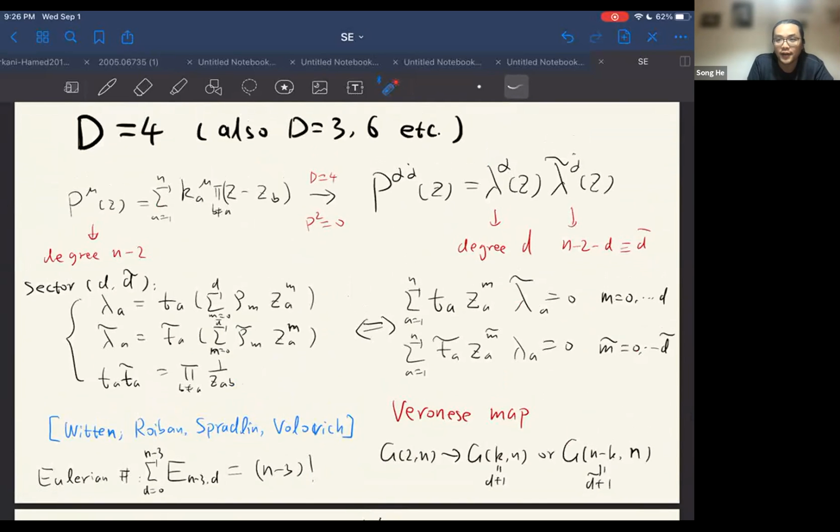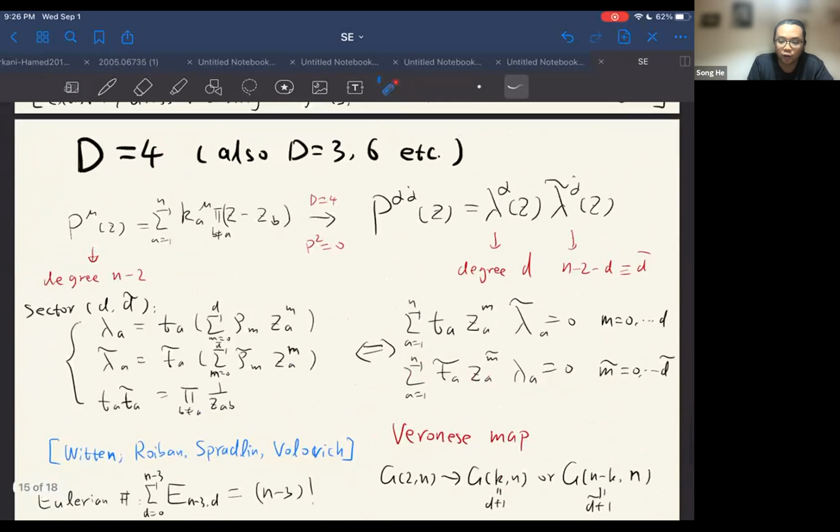Okay, so these are the 3 comments I wanted to make about general dimension, but we can also go back to special dimension, where things are even more interesting. If you go back to 4 dimensions, the one-form I told you before, if you write it in a polynomial form, the fact that it's in the light cone can now be expressed as the fact that you can write it in terms of spinor polynomials, which have degree d and degree n-2-d.